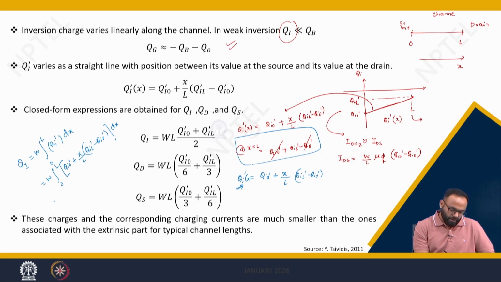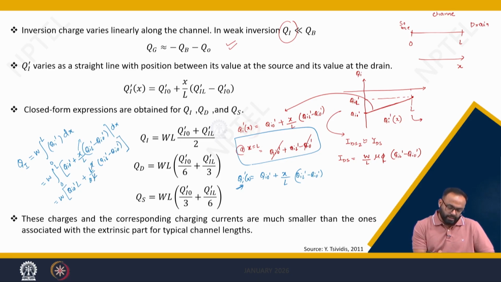When you integrate the first term, it gives you QI0' into L. I am just putting the limits directly, because the integration of 1 is x, and you put the limits 0 to L. Then 1 over L, and the integration of x is x squared by 2, so you get 2, and x squared will be L squared, times QIL' minus QI0'.